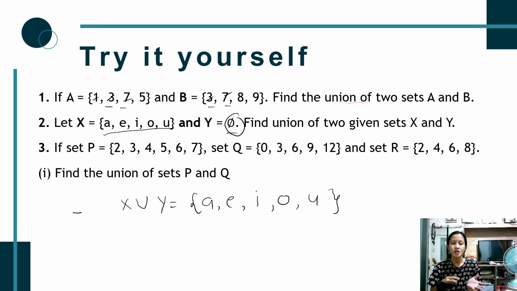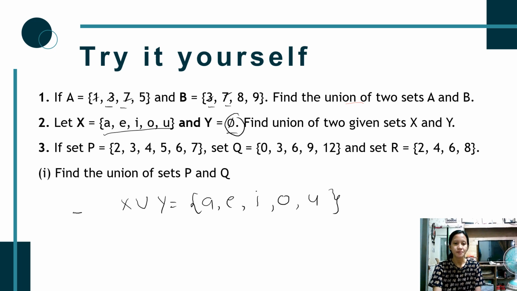Just like if you add a specific number to 0, the answer is the number itself. If you have the union of two sets where one set is a null set, the answer is the other set itself. That is why we have A, E, I, O, and U.